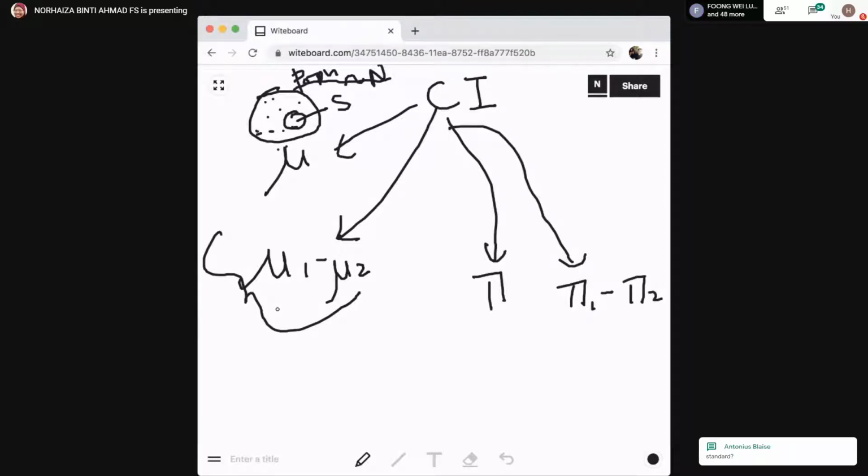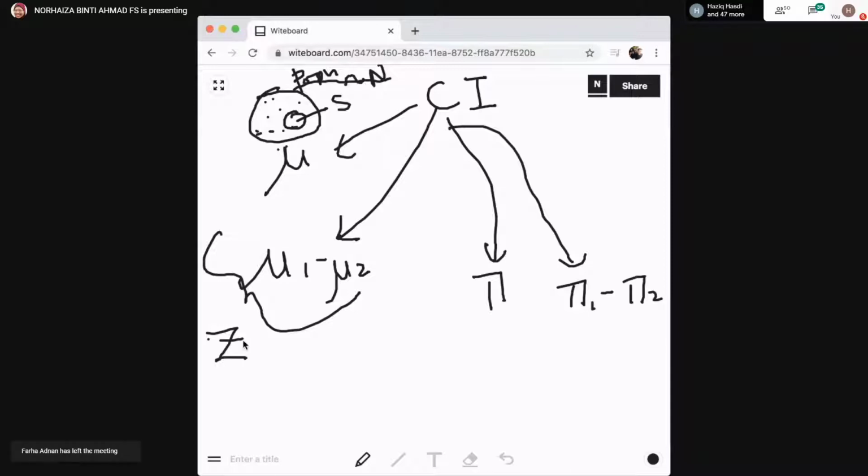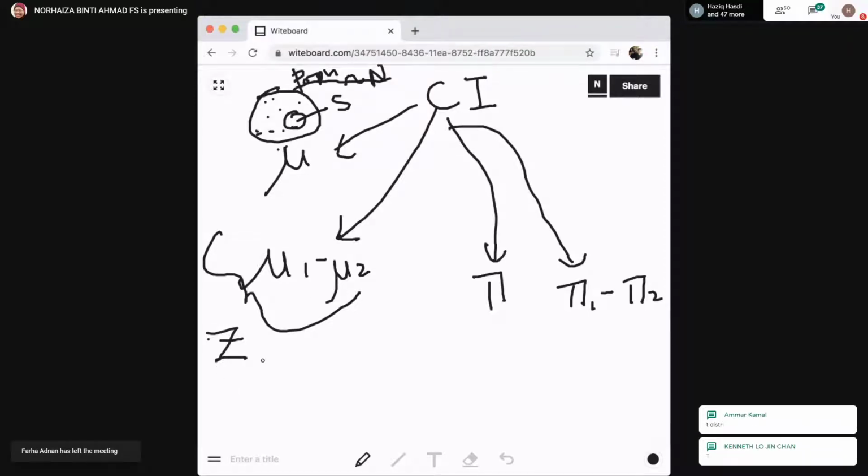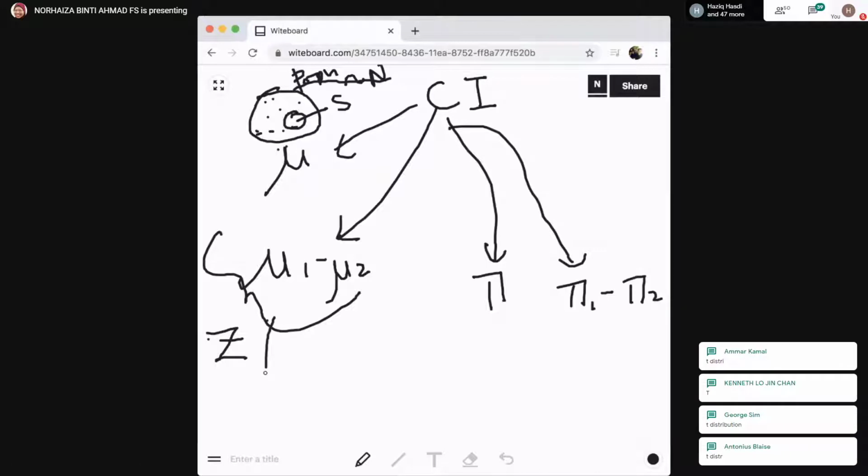Standard normal, yes, which is the Z normal distribution. What else? Is it just Z? Is there any other choice if I want to construct a confidence interval? T, that's right. So I use Z or T distribution.